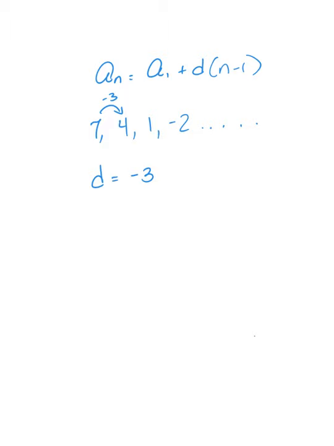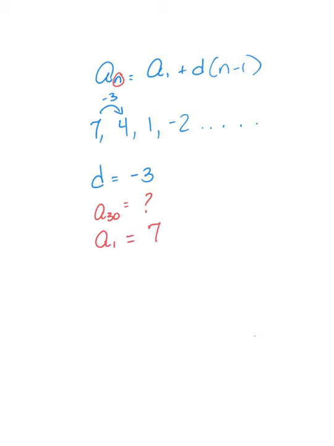Well, let's see. Let's say I need to find the 30th term, okay? That means that this n here would be 30. I would be looking for A30. That's what I'm looking for. Do I know A1? A1 is the first term. What is A1? 7.